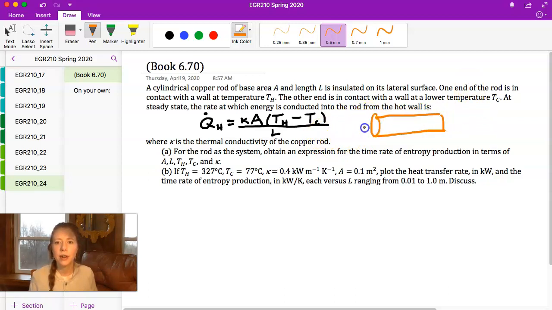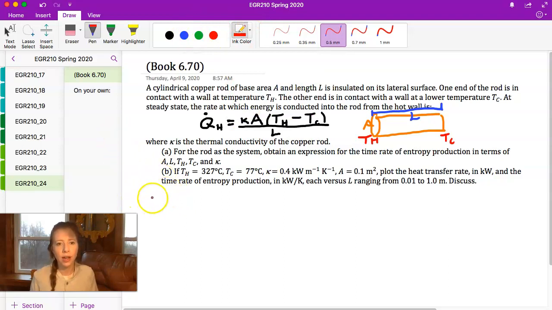And so we have some area A, we have TH, we have TC, and the length is going to be L. So for the rod as the system, obtain an expression for the time rate of entropy production in terms of A, L, TH, TC, and kappa. Let's start there.